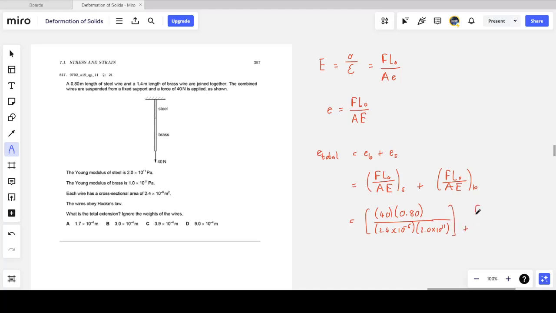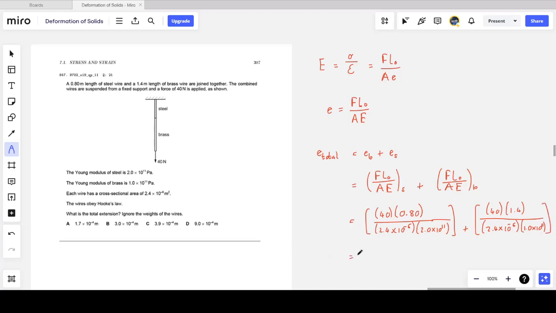And then we add that to the identical values for brass. The same force, 40 newtons, times the length of the brass wire, which is 1.4 meters, divided by the cross-sectional area, 2.4 times 10 to the minus 6 square meters. And the Young modulus for brass is given as 1 times 10 to the power 11 pascals.